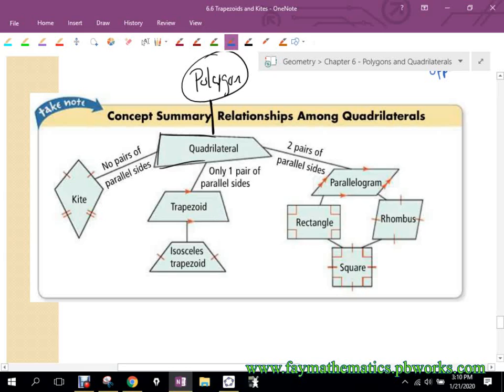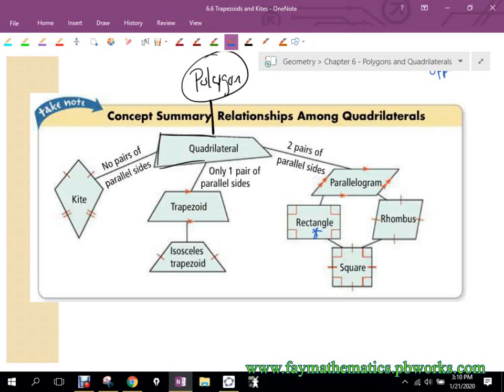So here's the question. Is a rectangle a square? Can you get from rectangle to square by moving upward? No. Okay. Is a rectangle a parallelogram? Yeah, because I can start at rectangle, move upward, and get to parallelogram, right?